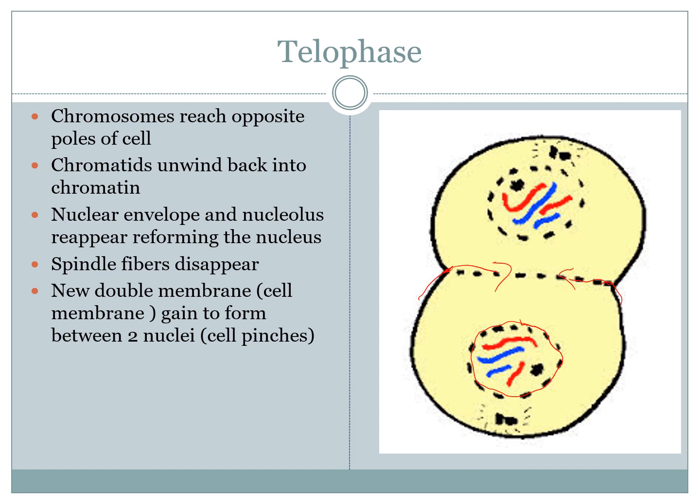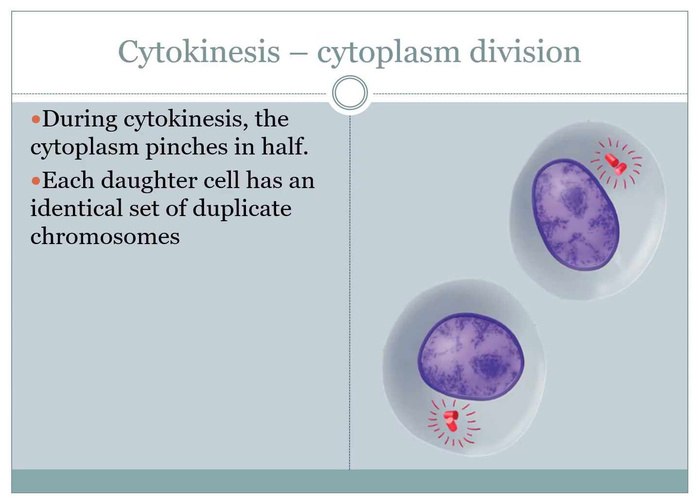All the other organelles within the cells that have separated as well will start to move into their areas, and they'll start to basically become a brand new cell. So telophase is the formation of new life, basically. Now when we move into cytokinesis, which is the cytoplasm division, this is where we have separation.